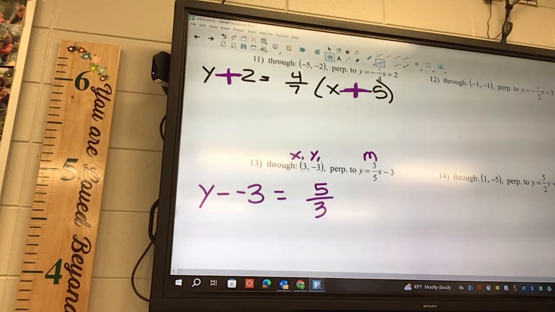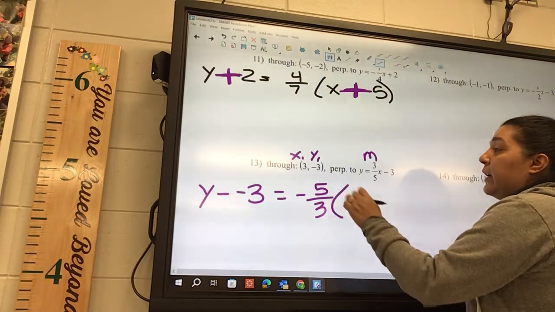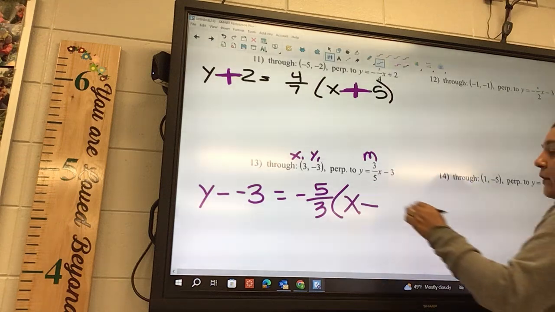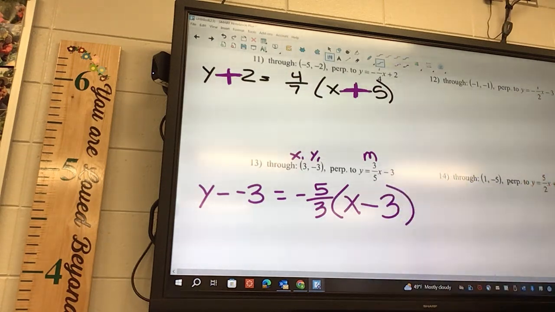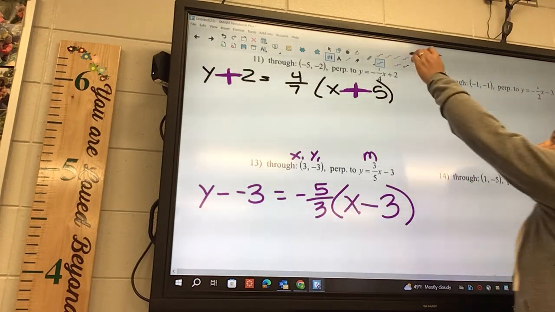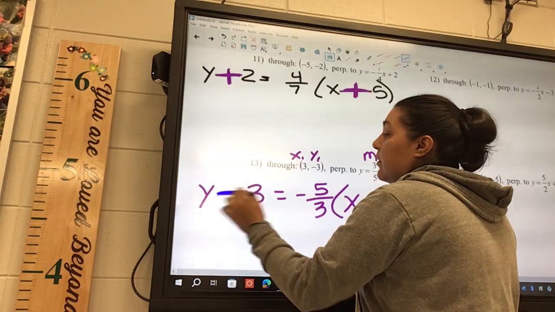It's a positive, so what should the new one be? A negative, okay, so a negative 5/3, x minus, what is my x1? It's just a positive 3. Okay, and then do we have any minuses? Yes. Where? At the very beginning. So those are the ones that need changed.